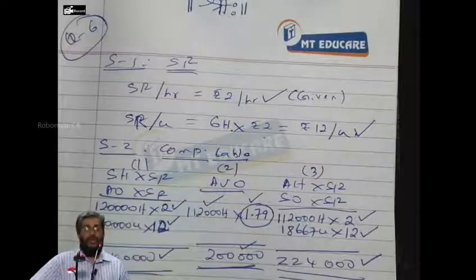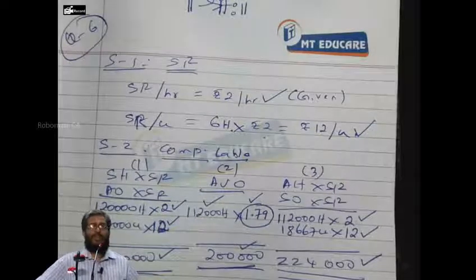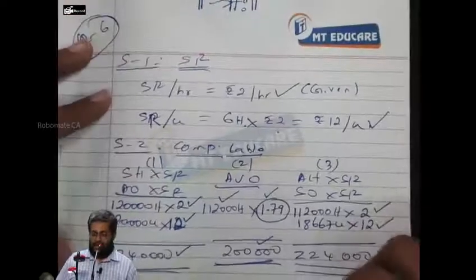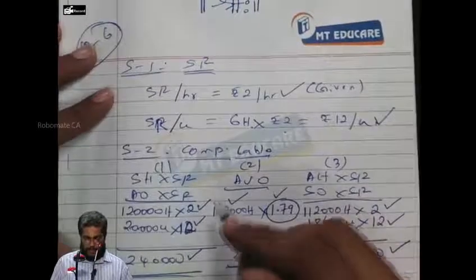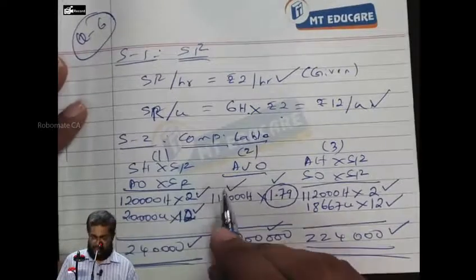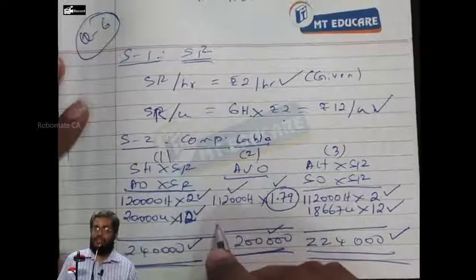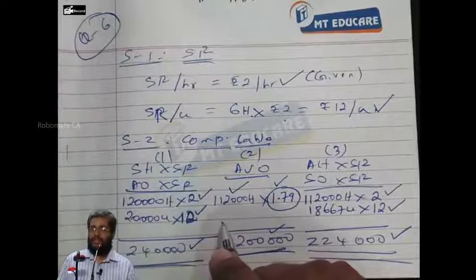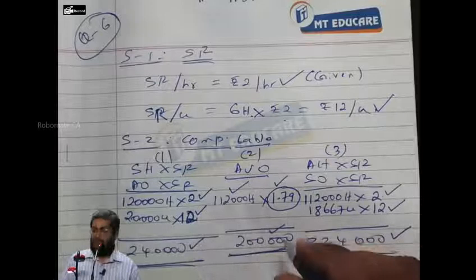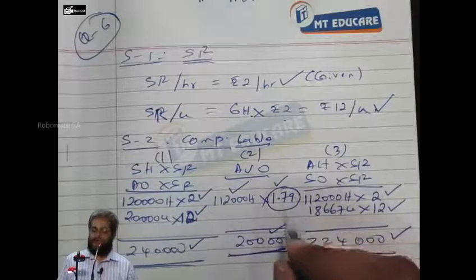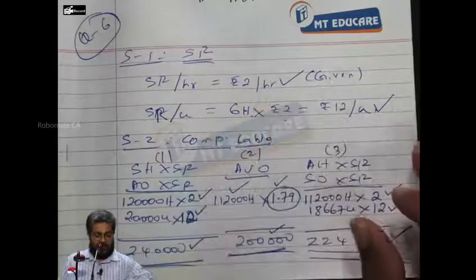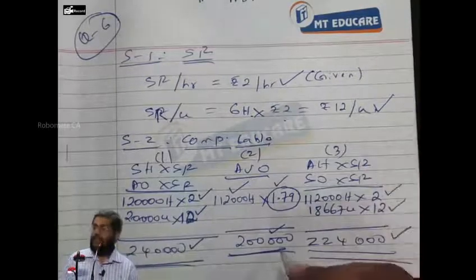Point number 3. For the 20,000 units output, the cost allowed is 2,40,000 rupees, but actually spent is only 2 lakhs.